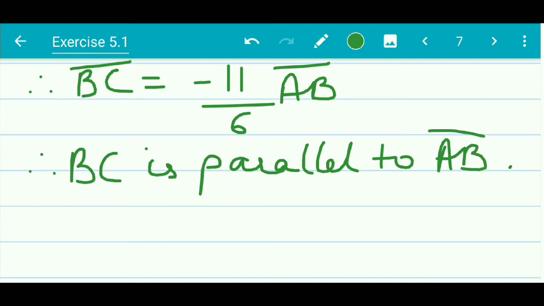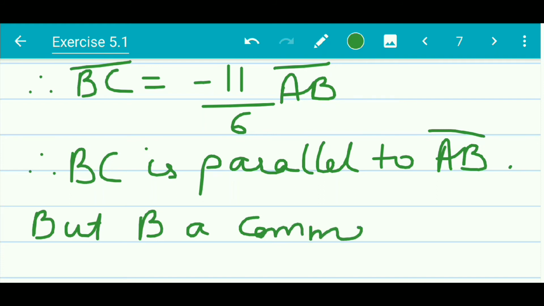But they have point B in common, no? B is a common point. So more than being parallel, what are they? They are collinear.